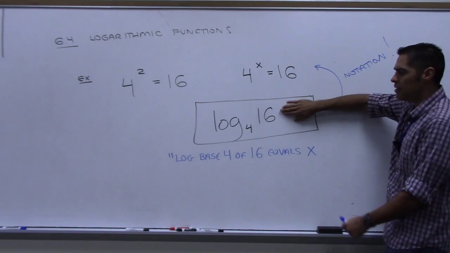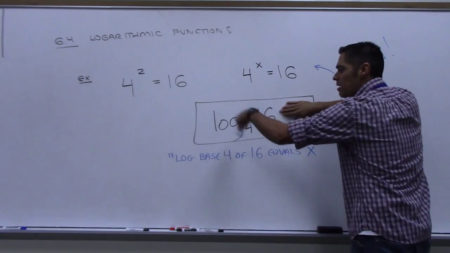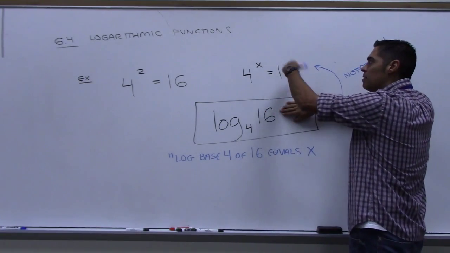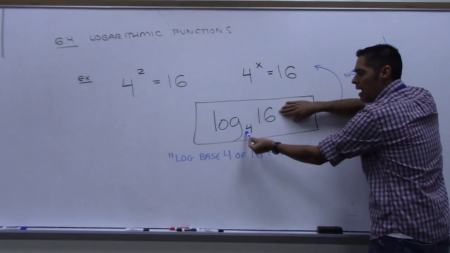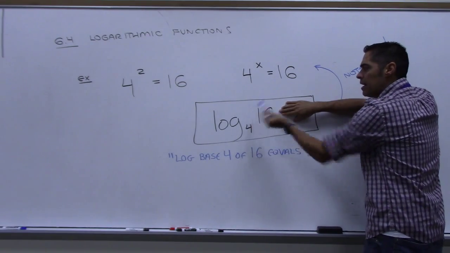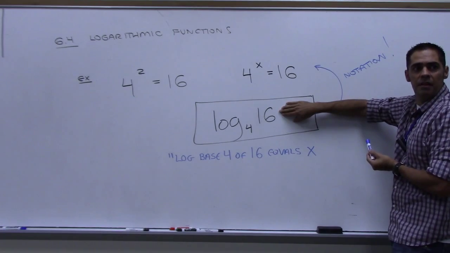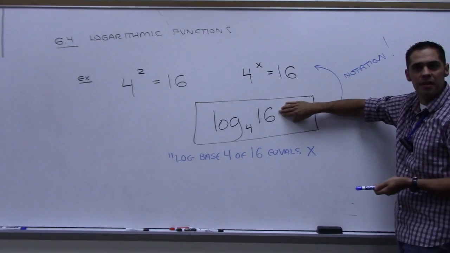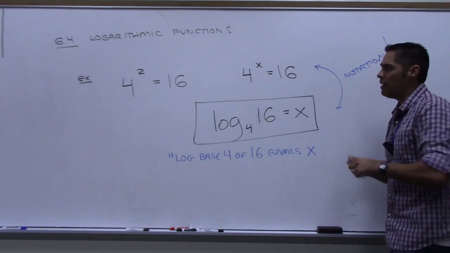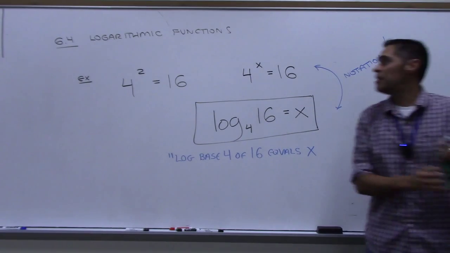So look, imagine the x isn't there. This right here is enough for you to see that it's the same question as this one. See, what power do I raise 4 to get 16? That's what's being said here. The log is what tells you you're dealing with powers here. Understand? So you tell me right now, if I write something here on the board, what question it's asking.